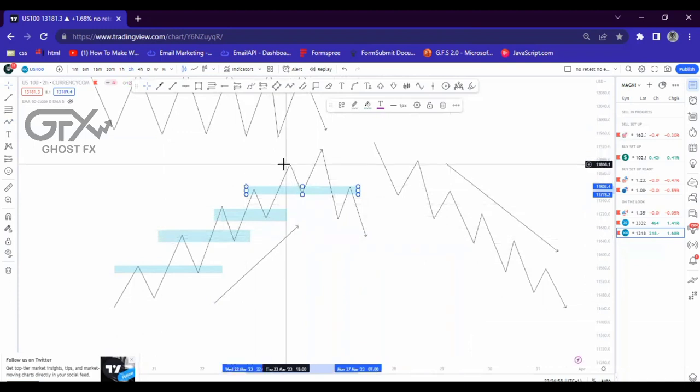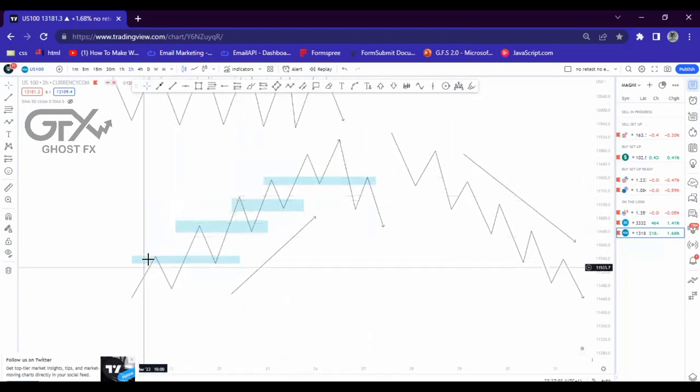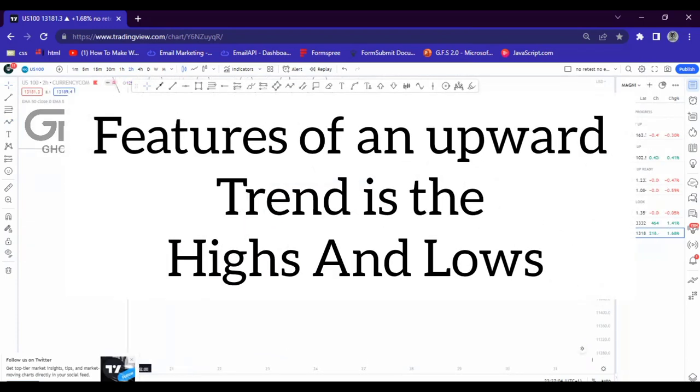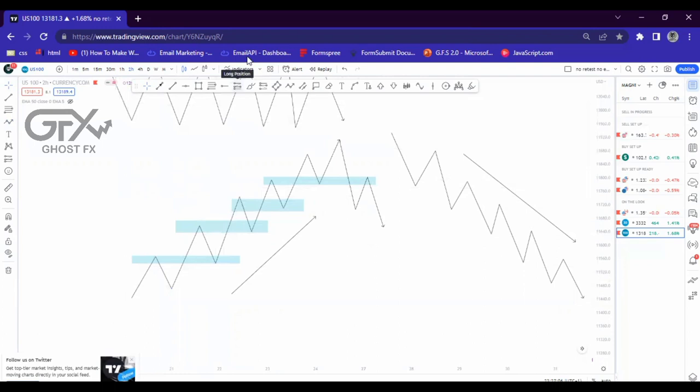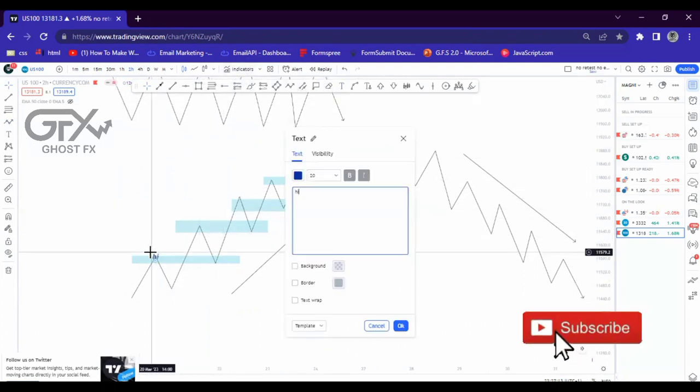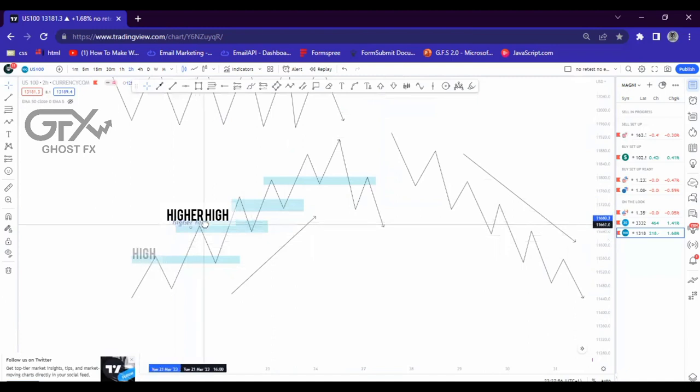Now, basically, what are the features of an upward trend? The features of an upward trend are these highs and these lows. First of all, this high is called the higher high. And then this is called the high.